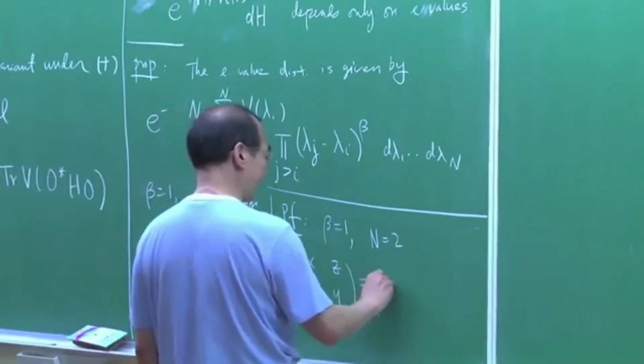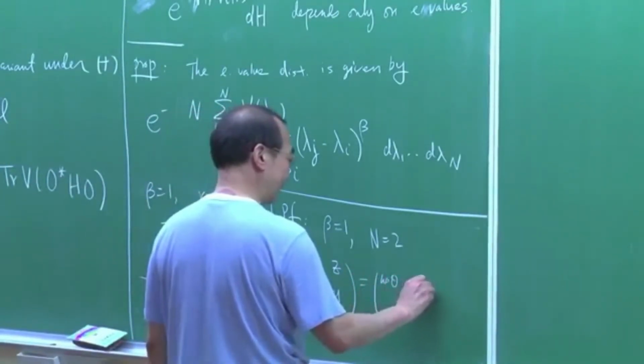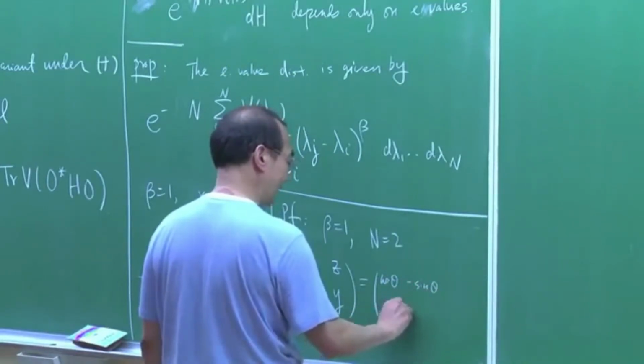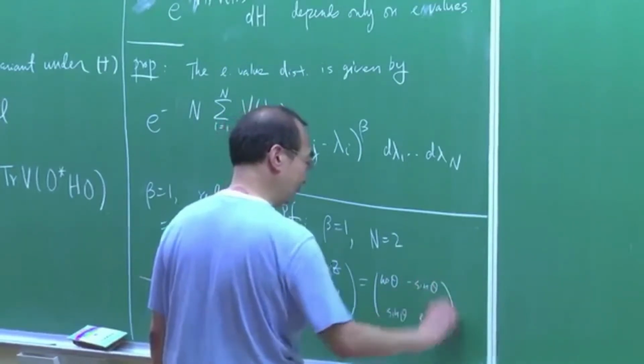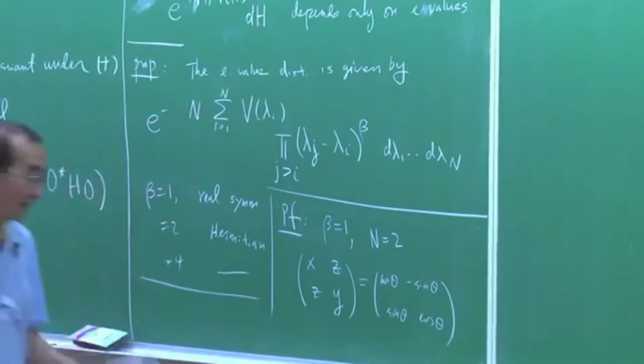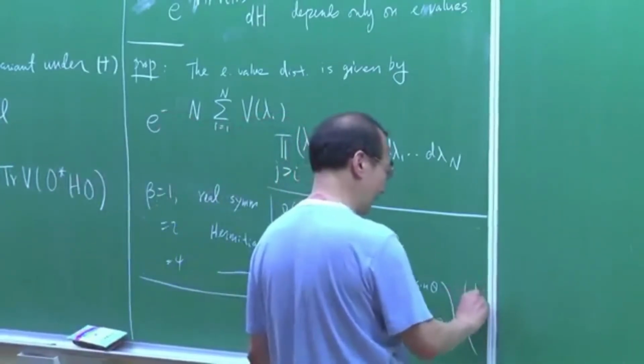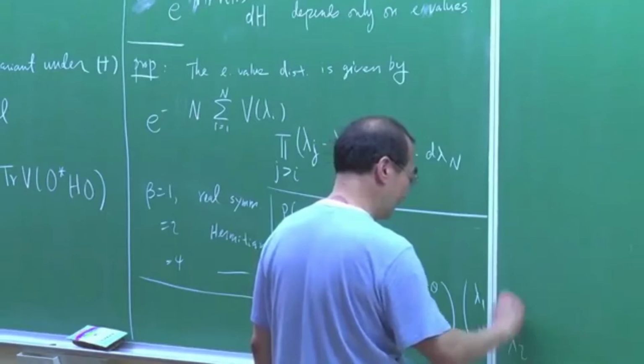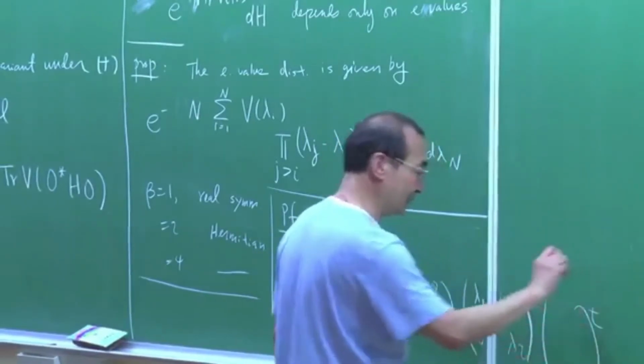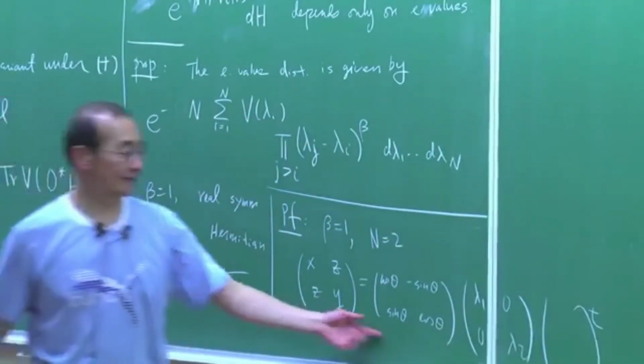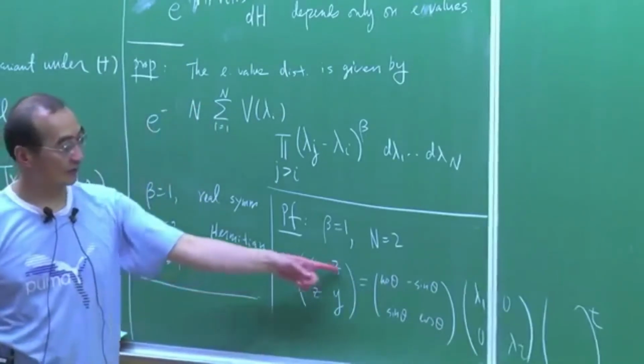You can diagonalize this as the rotation matrix with cosine theta and sine theta, times the diagonal matrix with eigenvalues lambda 1 and lambda 2, times the transpose of the rotation matrix.